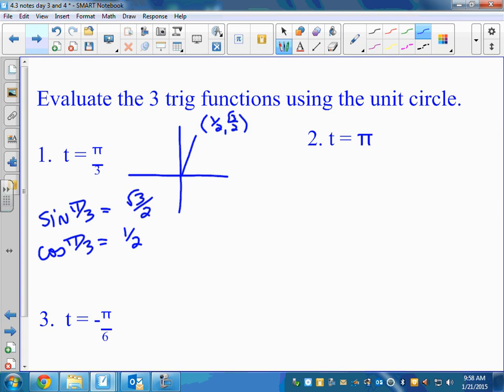Tangent, this is where people are like, oh my gosh, this looks terrible. How do we find tangent? Y over x, and these are all fractions, and so people freak out, but it's actually really easy. If you did square root of 3 over 2 over 1/2, how do you divide fractions? You multiply by the reciprocal, but what's super cool, all of these have the same denominators.